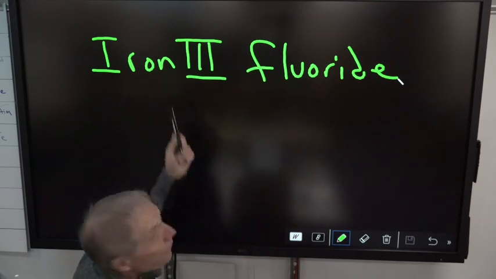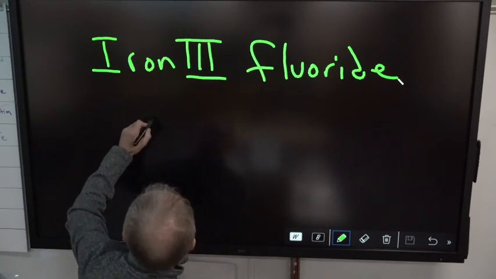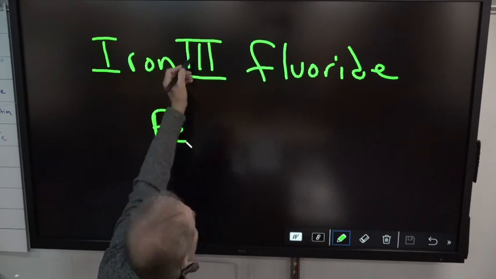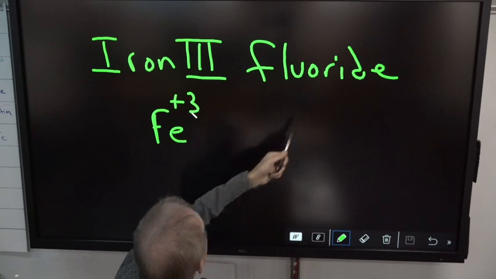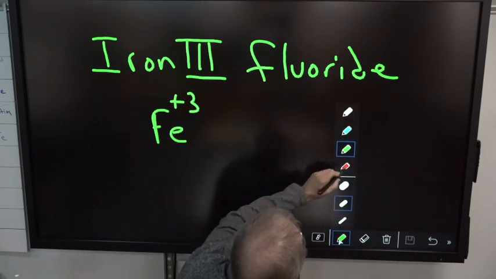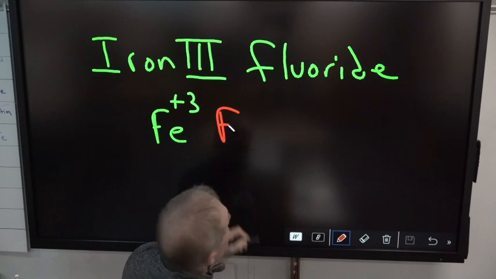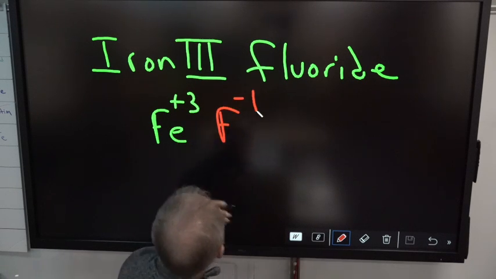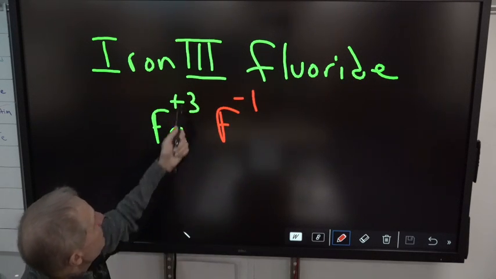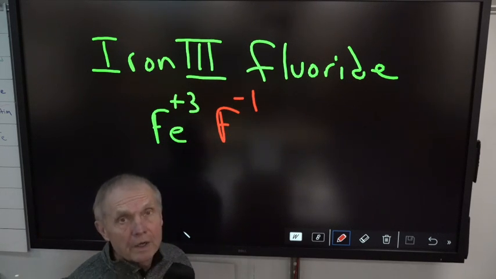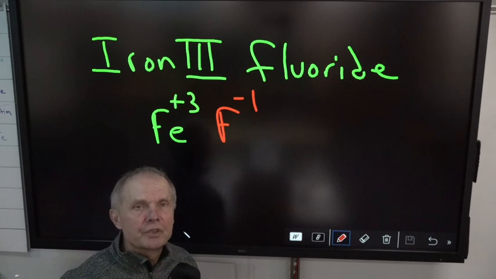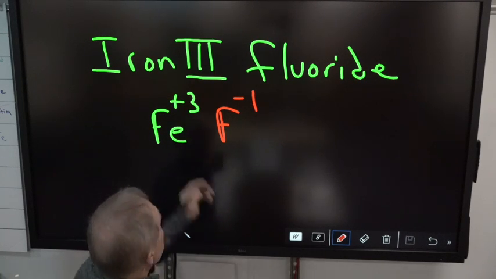So if I were to draw this, I would go Fe, Roman numeral 3 means a +3, and then fluoride would be fluorine, F, and fluorine has a -1. So look, Fe +3, F -1, that doesn't equal 0. That's +3 and a -1. So how do we make the charges equal 0?